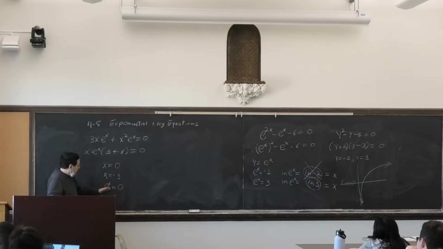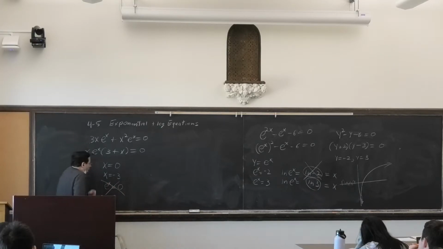If you have a negative value, it's a small number, but it's positive. If you have a positive value, it's positive. And if it's 0, it's just 1. So, no solution here.